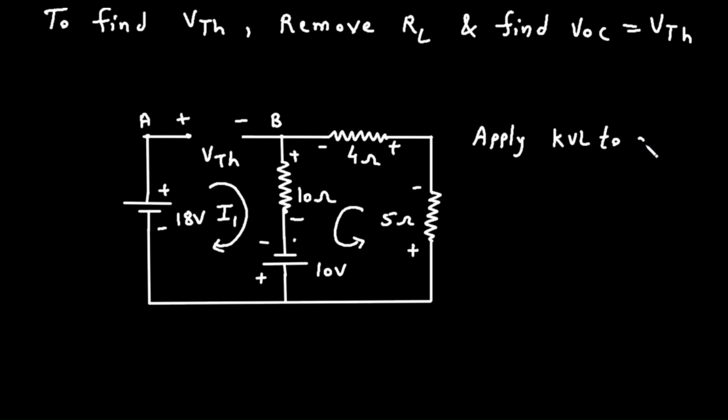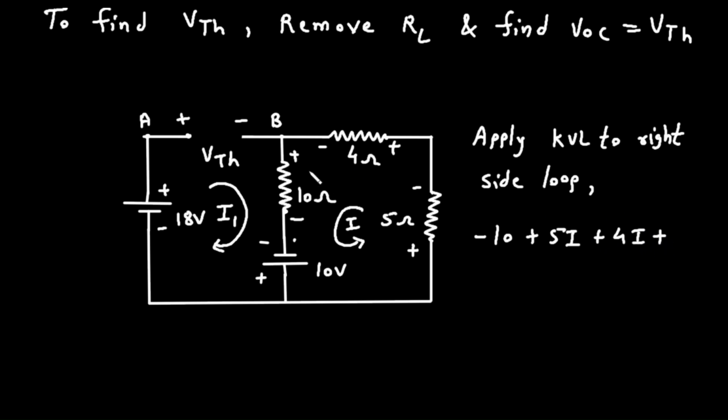It will be minus 10, then plus 5 I1, plus 5 I, then plus 4 I, then plus 10 I is equal to 0.